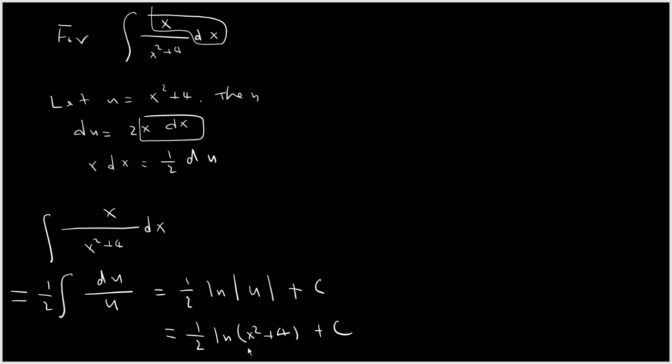In the last step, I did not include the absolute value notation for a reason. Anything squared is positive. Yeah, x squared plus 4 is always positive. Absolute value of a positive number is the same thing. That's why in this case I can get rid of the absolute value notation. So that makes sense. Now remember, this is half of natural log of x squared plus 4.